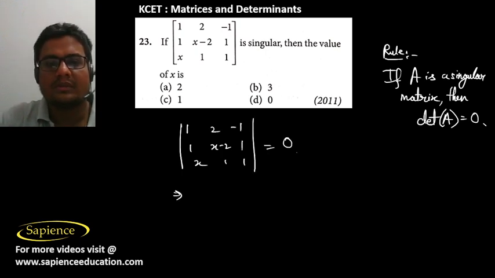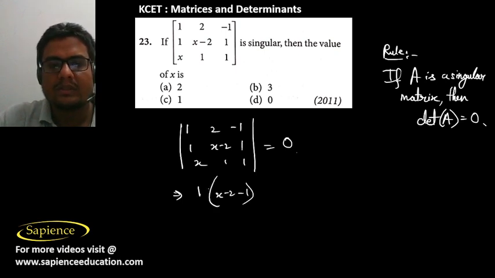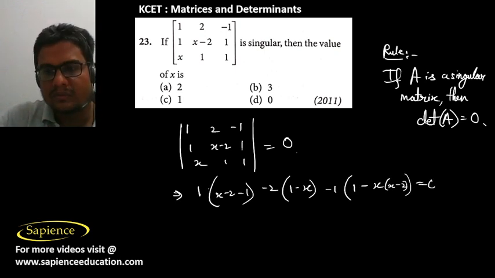So therefore we have to expand this determinant along the first row. So this will be 1 into x minus 2 minus 1, minus 2 into this will be 1 minus x, then minus 1 into this will be 1 minus x into x minus 2, so that would be equal to 0.